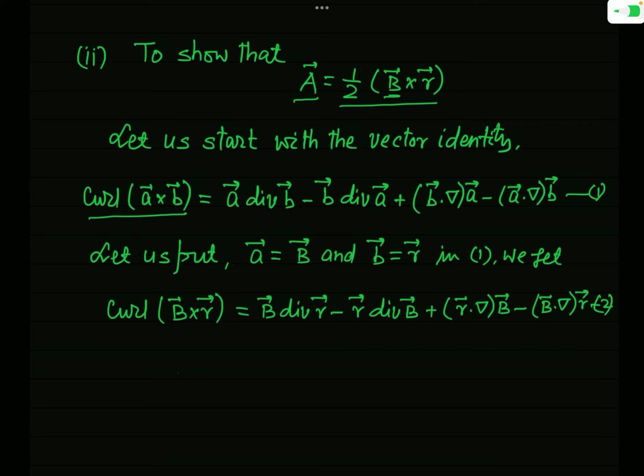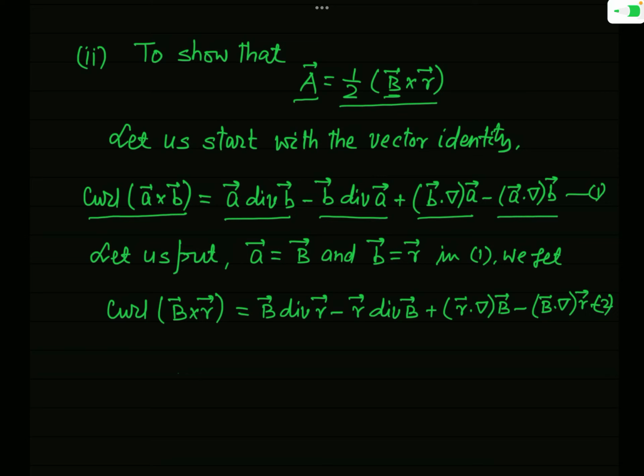So remember that curl of A cross B is equal to A divergence of B minus B divergence of A plus B dot del A minus A dot del B. This is a very important vector identity.